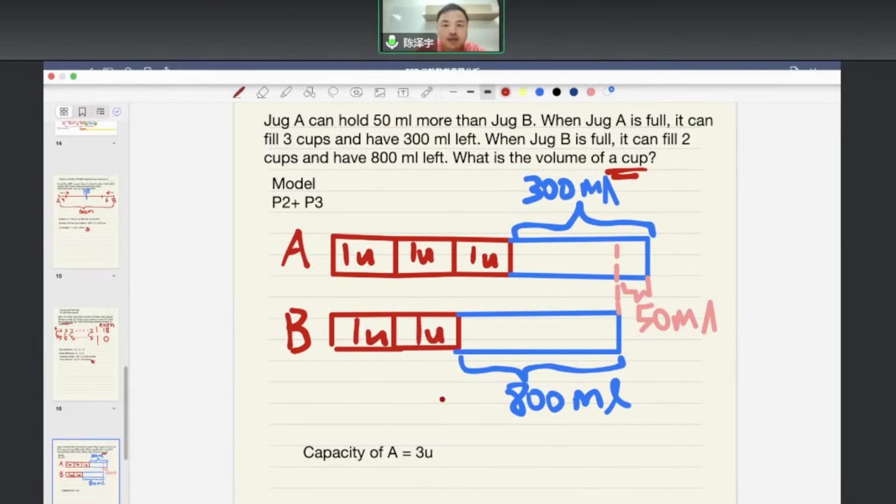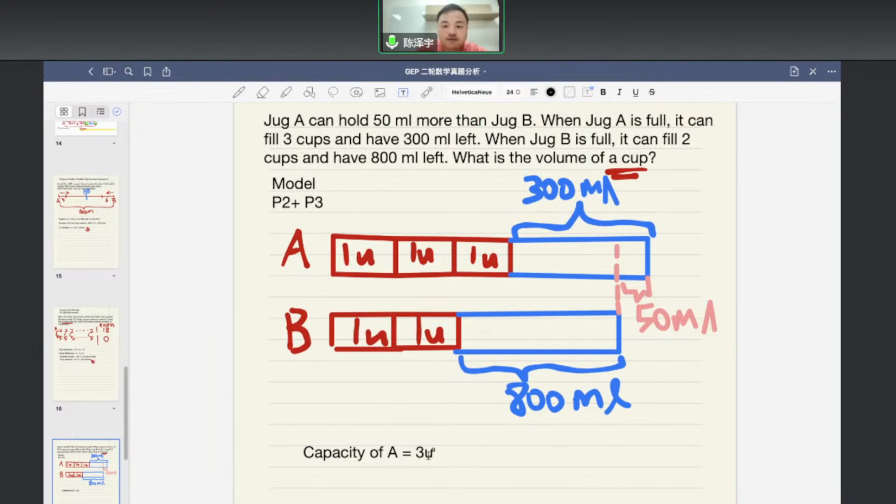So let's go back. Capacity of A is 3U plus 300. And the capacity of B, how much B can hold, we know is 2U plus 800.